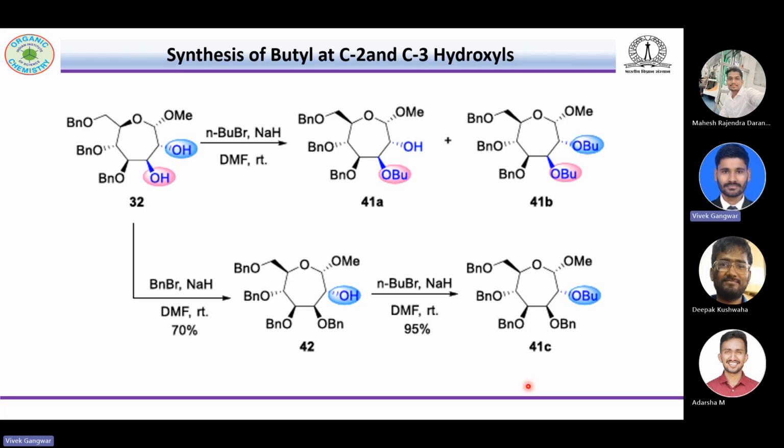Then they started to change the protecting group on these two positions, because the more hydrophobic group is useful in the enzymatic process. So they selectively protected the 4 and this position, using a change of equivalents, and synthesized this 41A.